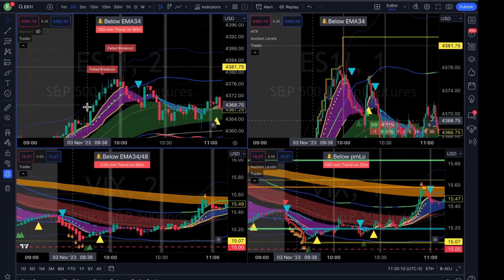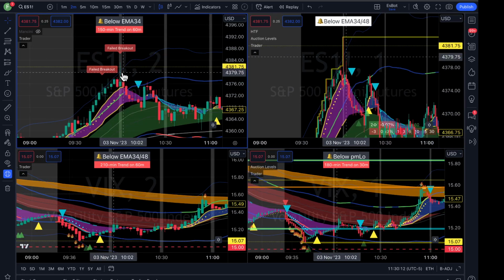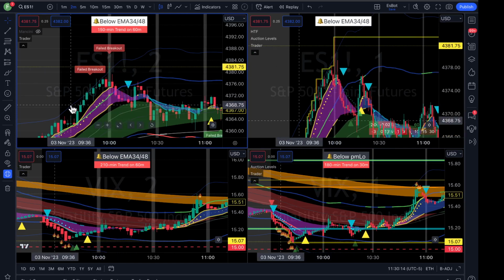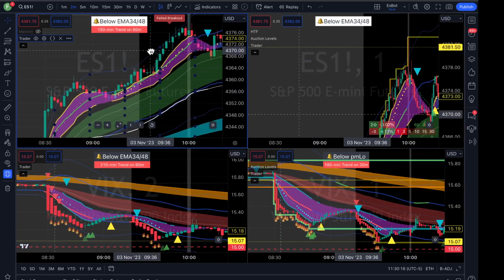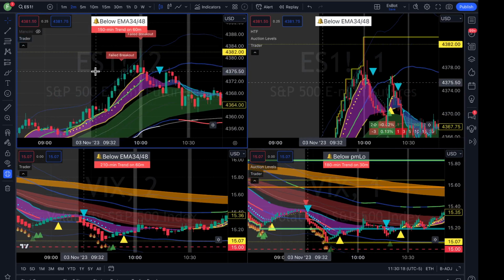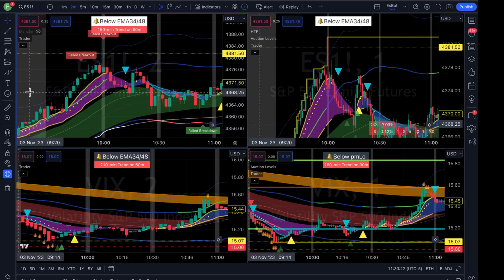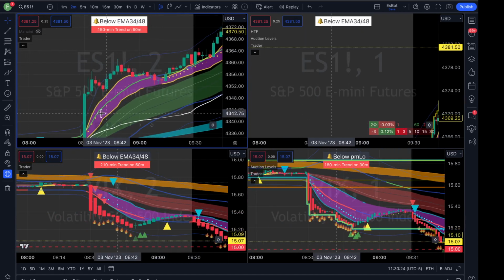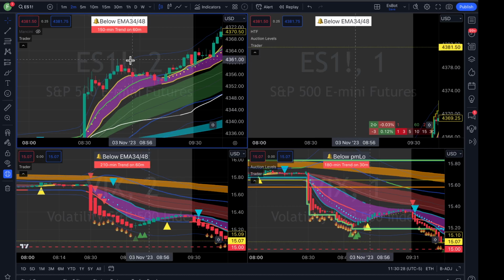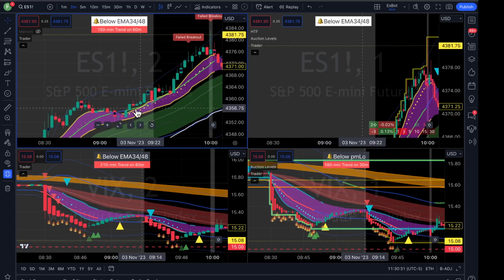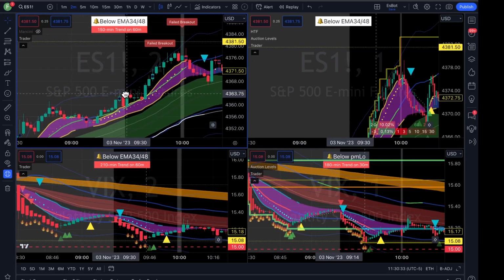So usually when you get that extended move, the first time you're going to reject. But if you hit it and you keep going, that's usually a sign of a very strong move. So you can see here, we start the day, we get outside of that extended channel, we stay there, we stay outside of this upper band.